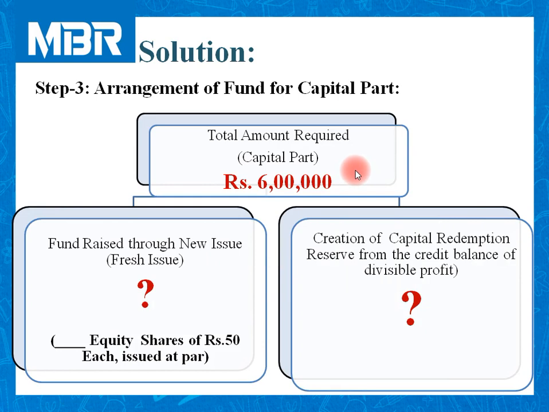As you all know, for the purpose of redemption, we are in need of rupees 6 lakhs. The company has to issue new equity shares at par, and the face value of the share is rupees 50 each. But we need to issue the necessary number of equity shares.